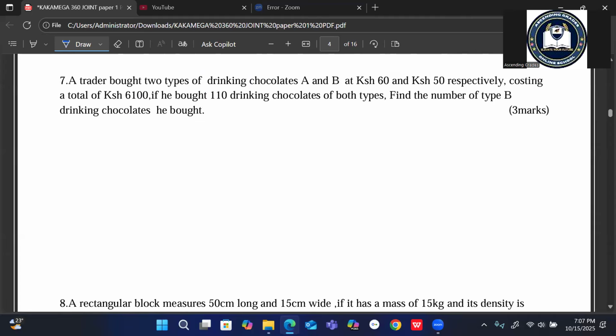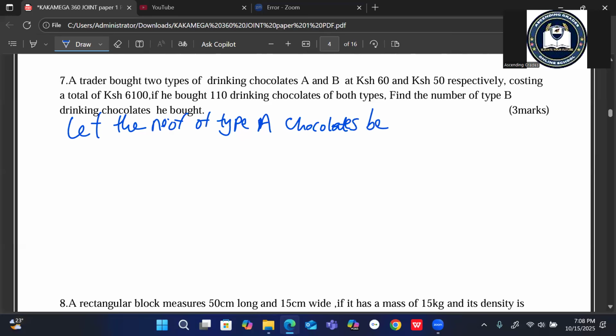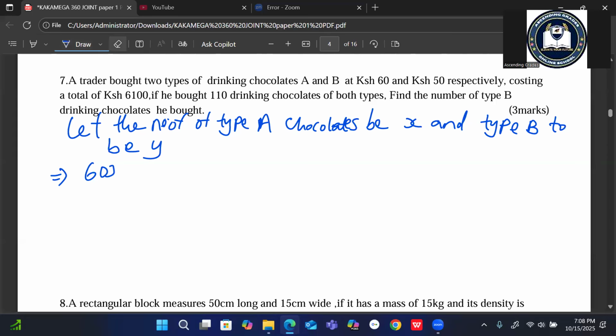So we let the number of type A chocolates be X and type B be Y. Therefore, if one type A chocolate costs 60 Kenya shillings, X type A chocolates will cost 60X, plus Y type B chocolates, and each one of them costs 50 shillings, so it will be 50Y.